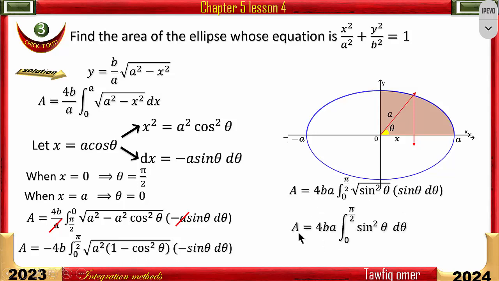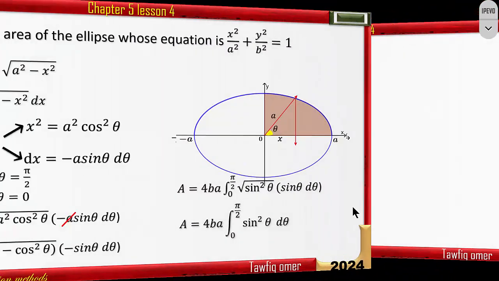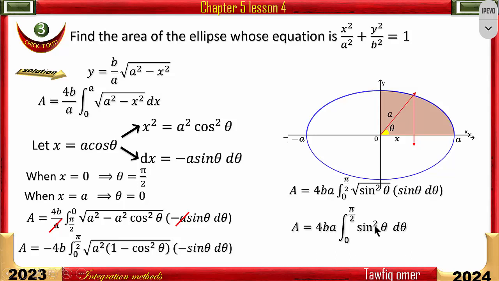And now A is equal to 4ba, square root of sine squared, from 0 to pi over 2. The square root of sine squared is sine. Sine times sine is sine squared d theta.